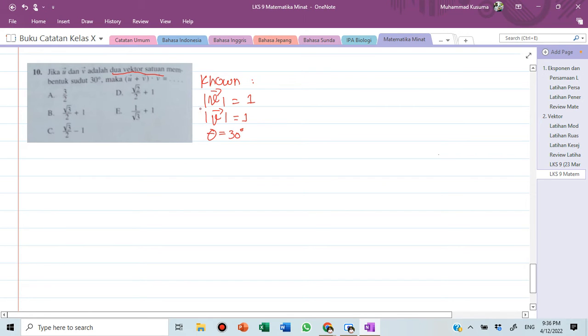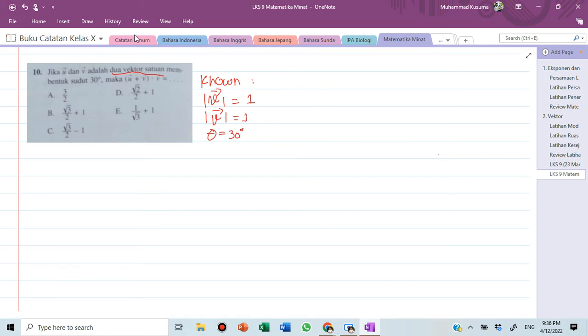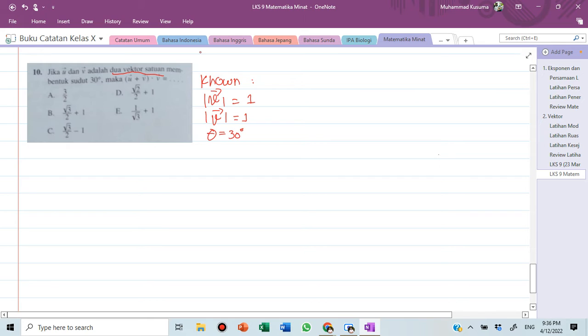First thing that we could get from the question is that the magnitude of vector u and vector v is equal to 1. Because of what? Because those two vectors are unit vectors. Unit vectors always have a magnitude of 1.